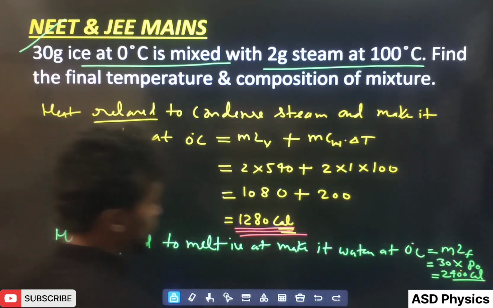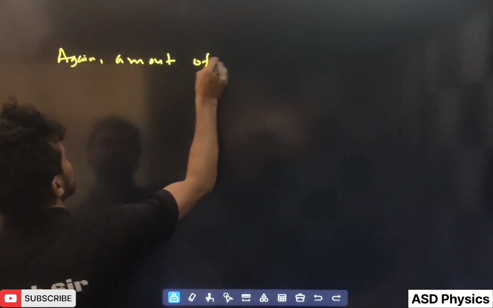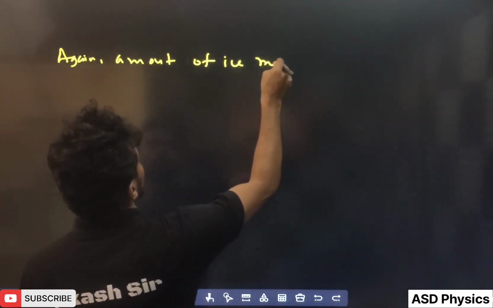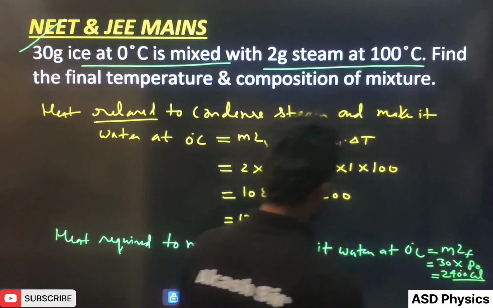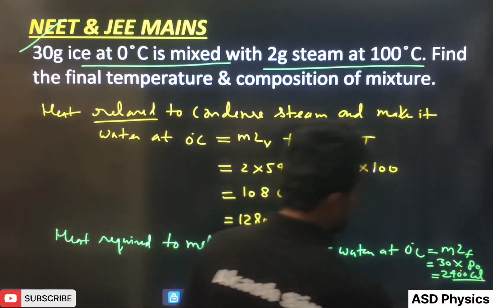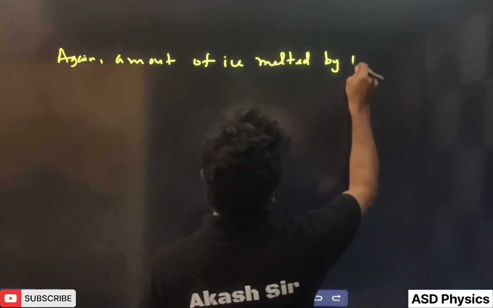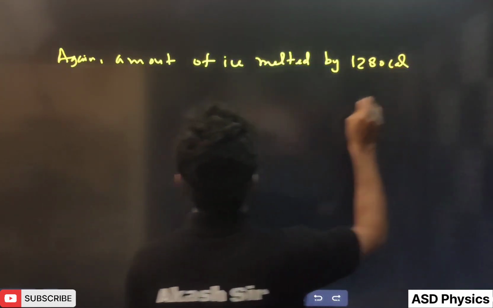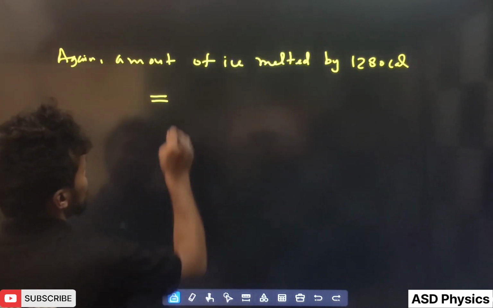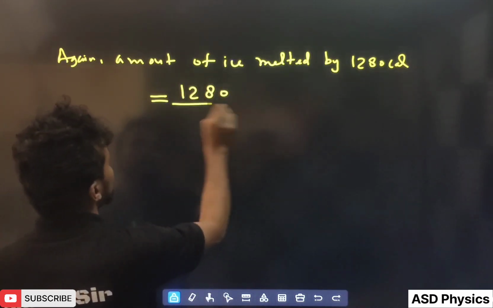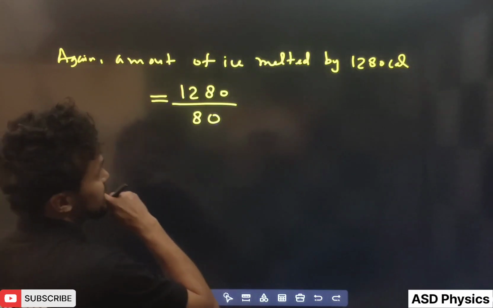Now we are going to see the next one. Amount of ice melted by 1280 calorie: again Q equals mL, so M equals Q by L. That is 1280 by 80.